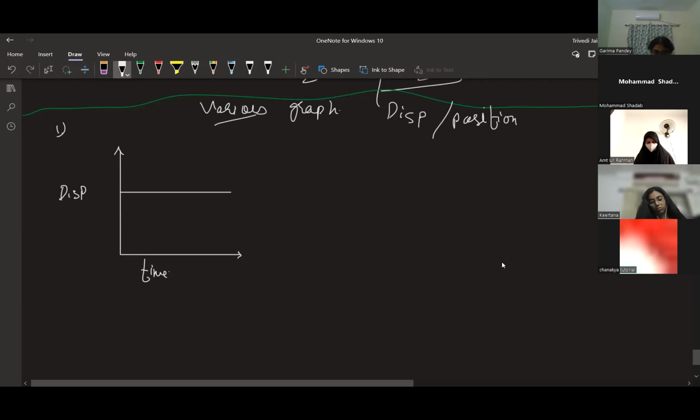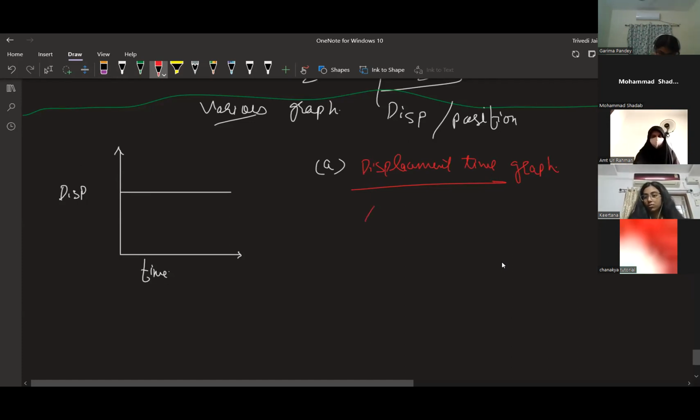So first one, let's give a heading here: displacement, time, graph. Now in this axis, see what is there in the x-axis? Time.